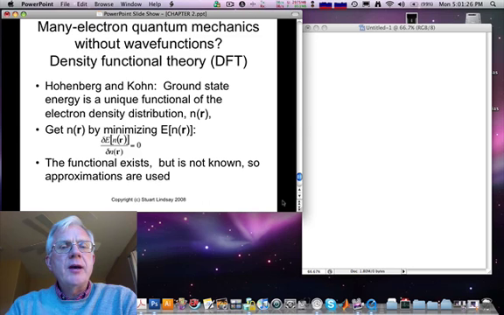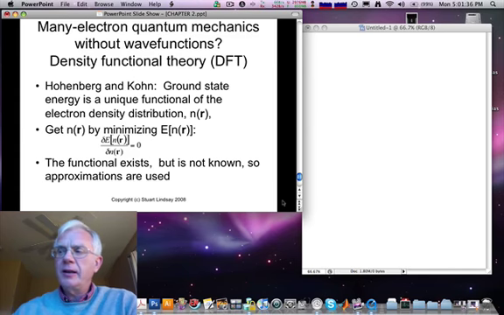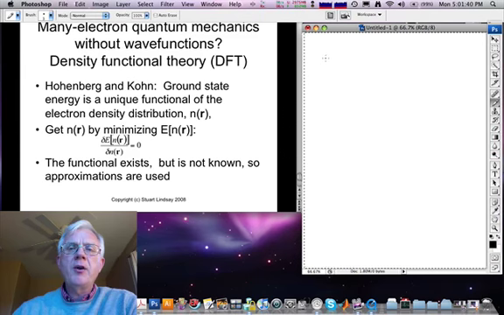So the idea of a wave function, a complex probability amplitude, and all of the complexities associated with the wave function, at least for working out the ground state energy, could be replaced simply by a distribution which told you what the electron density was at every point in space.